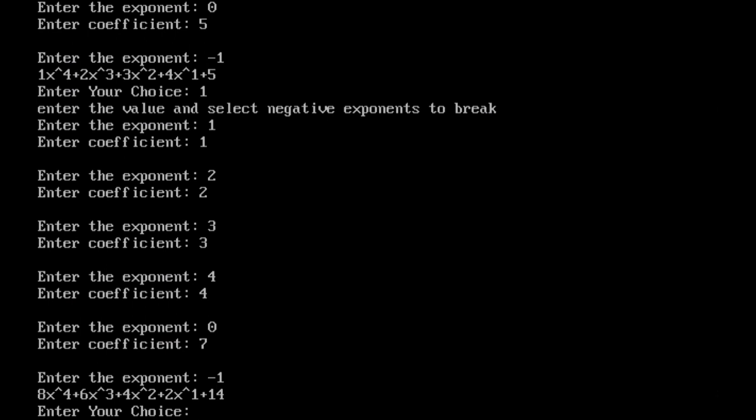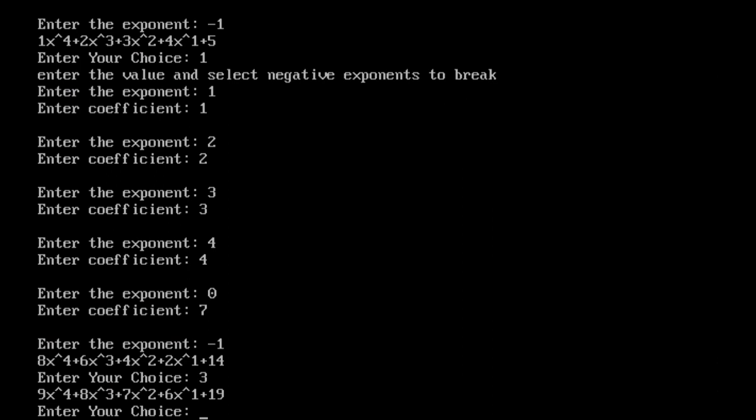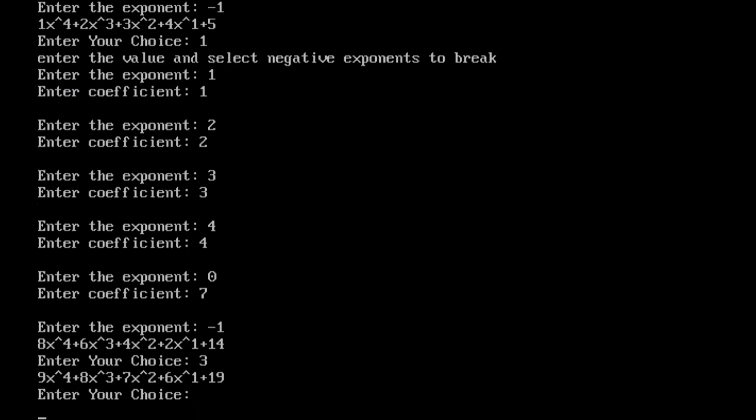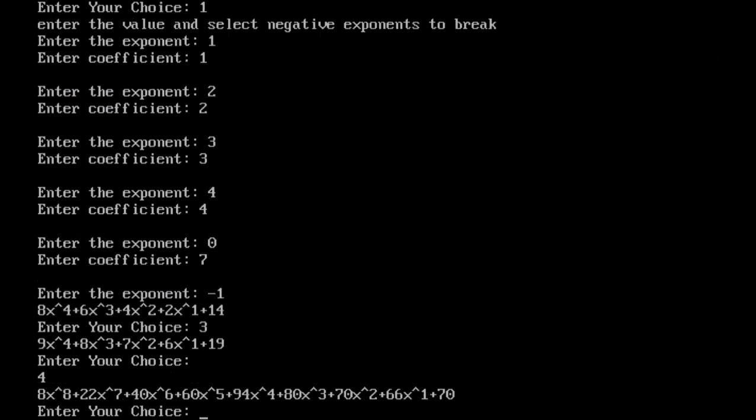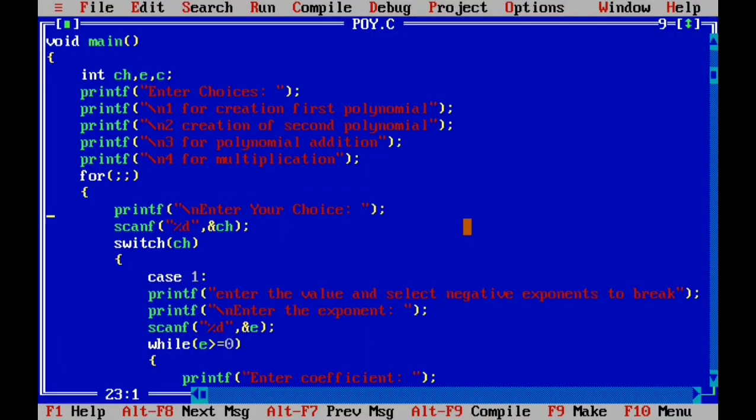We already had this expression, so the values that I entered again, it doesn't accept duplicates. So it added to the previous coefficients. Now we will perform the addition. See, it is the sum. Now we will perform the multiplication. This is the multiplicative value of the following thing.